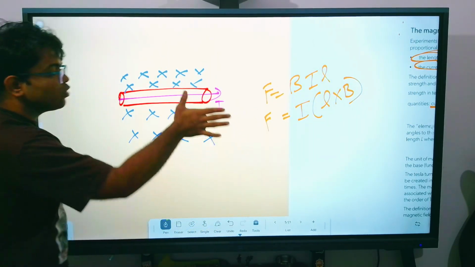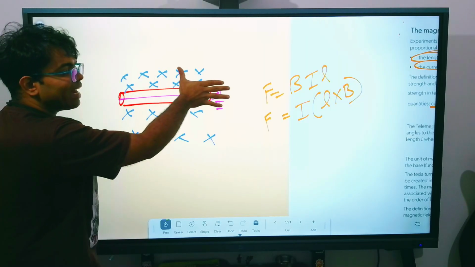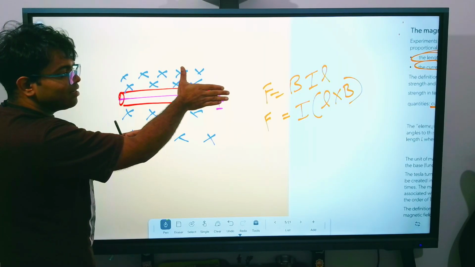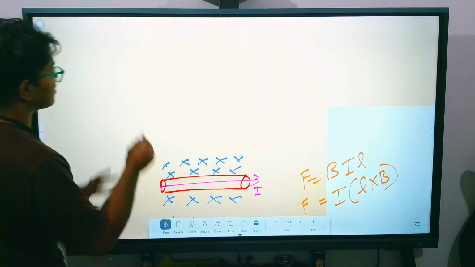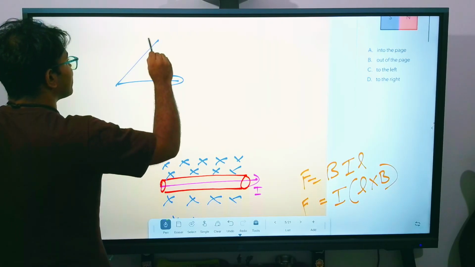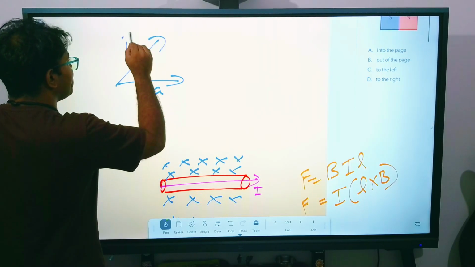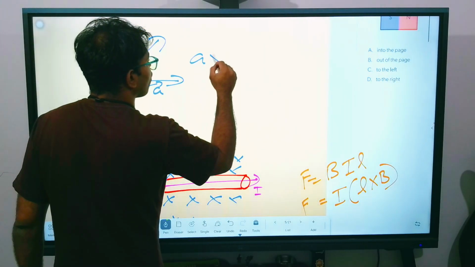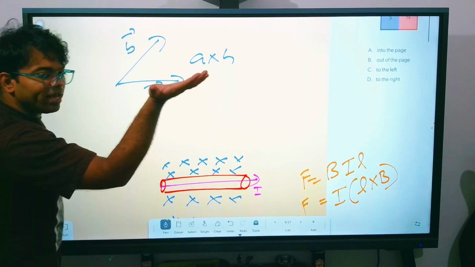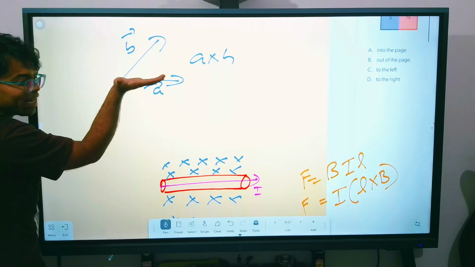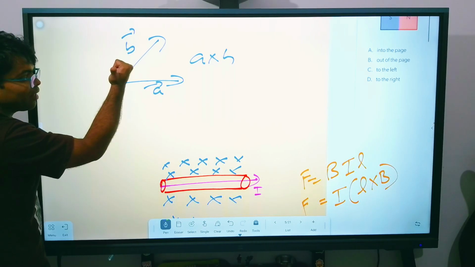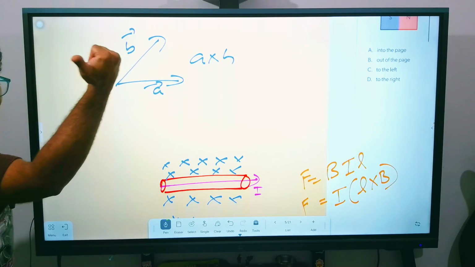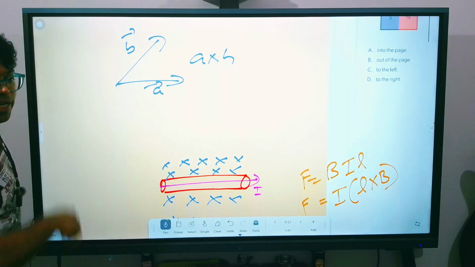L cross B. So what happens? The length is in this direction. It is the direction of the current. And how do you do the cross product? If you have a vector like this and you have a vector like this, this is A and this is B. So A cross B is what? You first place your hand in the direction of A, and then you curl your fingers in the direction of B. So you will get a vector that is in the outward direction.